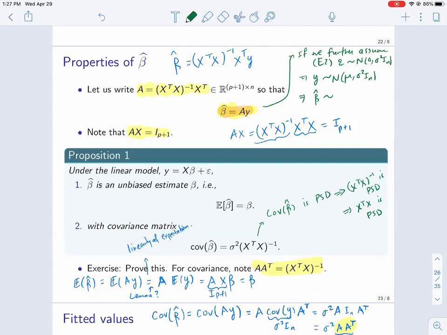So this was under assumption E1. So we didn't use normality here. But let's say I add the normality assumption, what can I say about beta hat? Can I determine the full distribution of beta hat? Anyone?